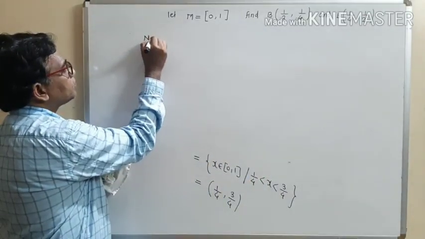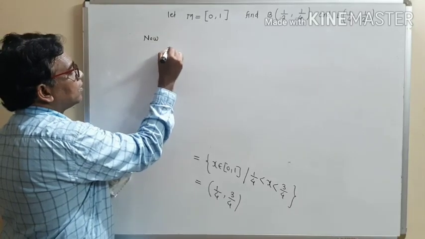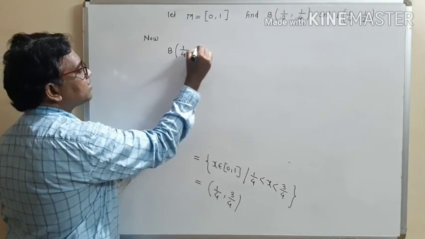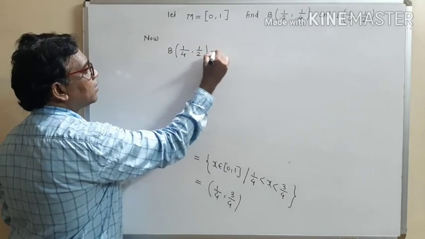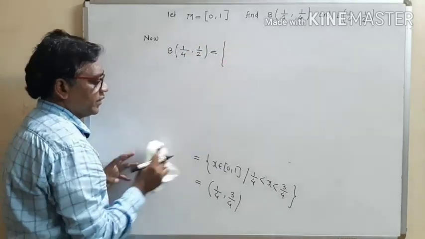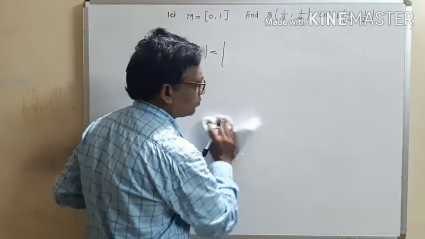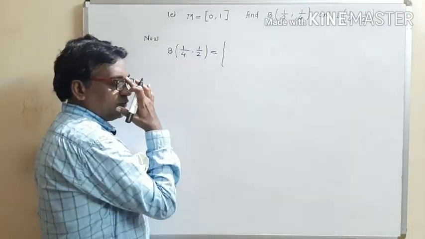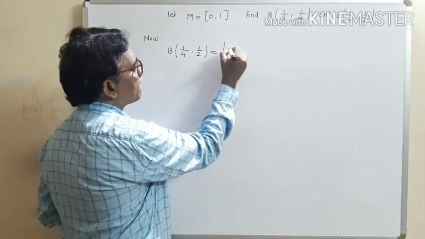Now, the open sphere B with center at 1/4 and radius 1/2 is equal to, now use the same definition for open sphere or open ball.